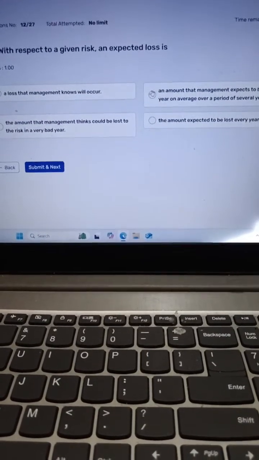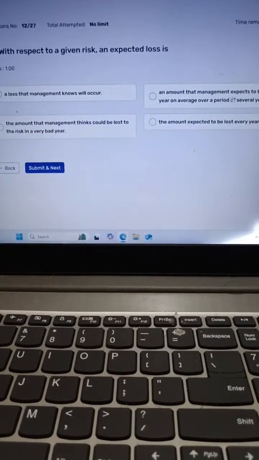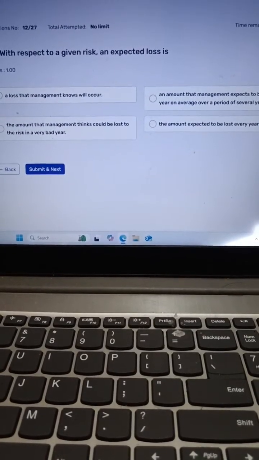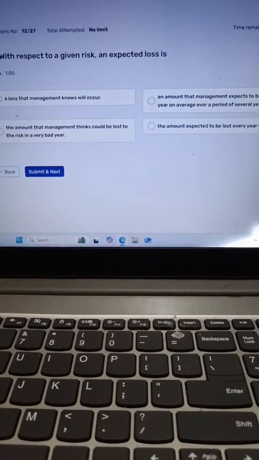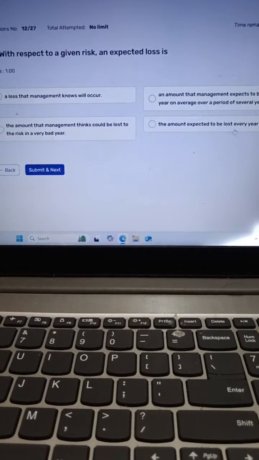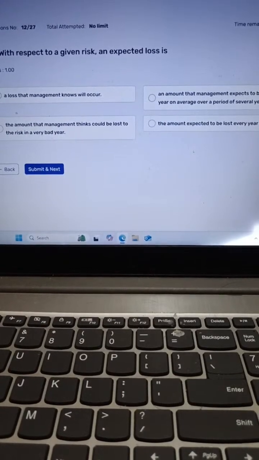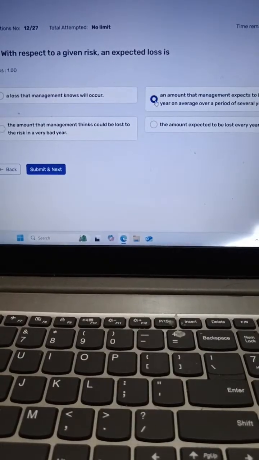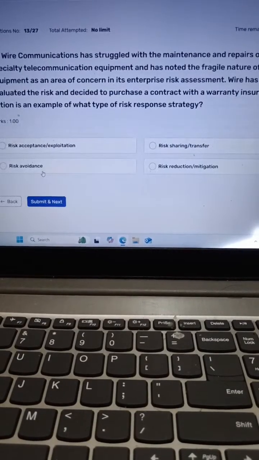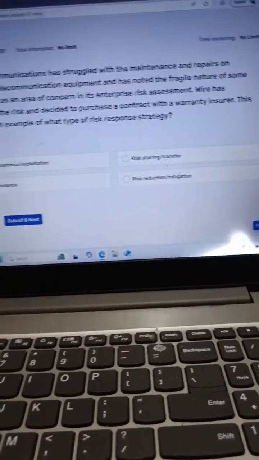And an amount that management expects to be lost per year on average over a period of several years. Amount expected to be lost every year from that risk. Let's go for this option. That is also a confusing option.